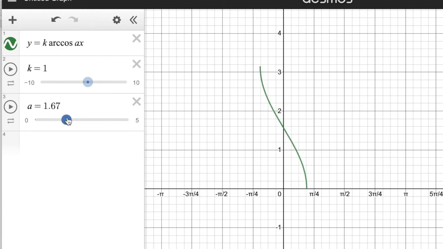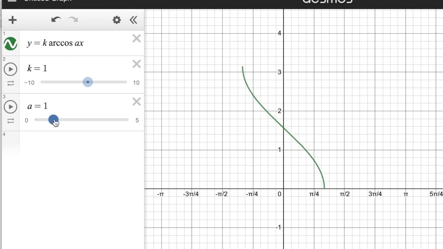Now, if I did go down and make it a fraction, it would stretch it out further. So let's make it a fraction, and it really stretches it out. So if a now is 0.36, which is about a third, the width of this is about 3 times, it's not exactly a third, but close. It's about 3 times wider than what it was originally.